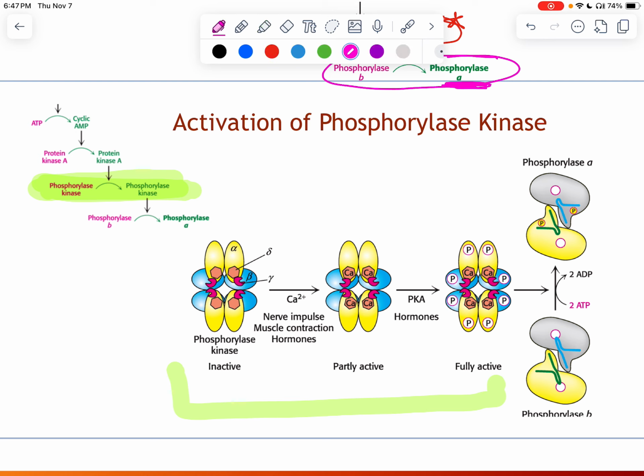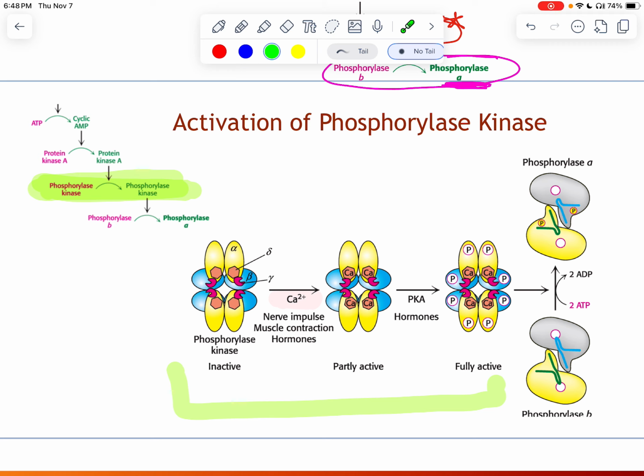One of them is calcium ion, and you'll see that right here. Calcium ion is released by muscle contractions. Sometimes hormones release it too, and it can bind to our phosphorylase kinase enzyme, and you see those areas right here.